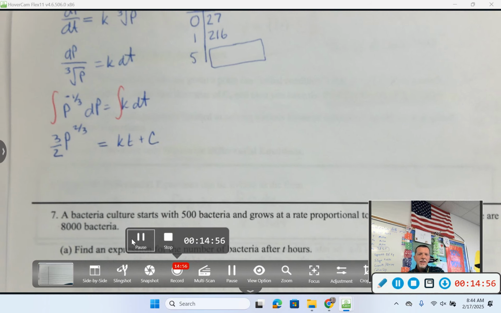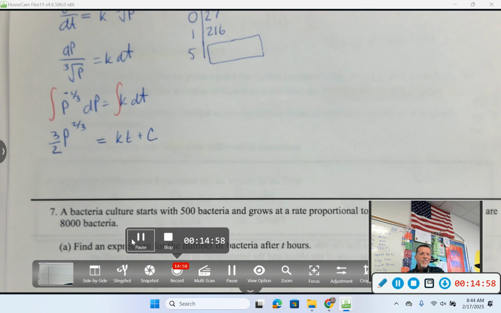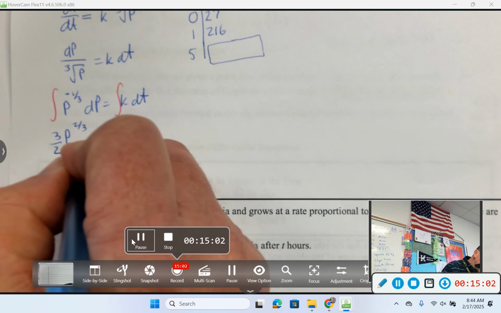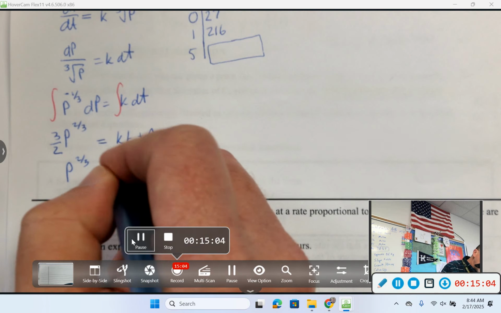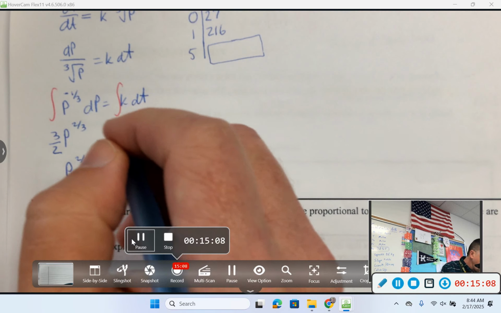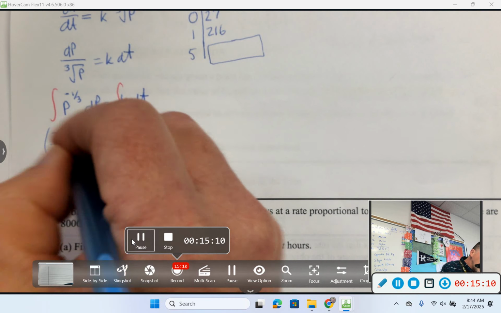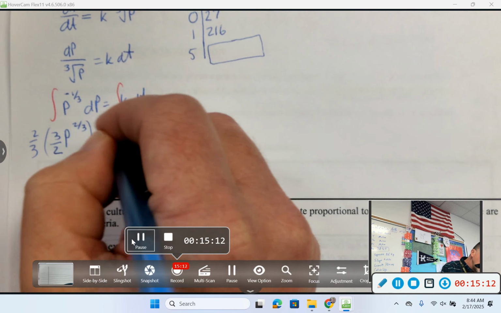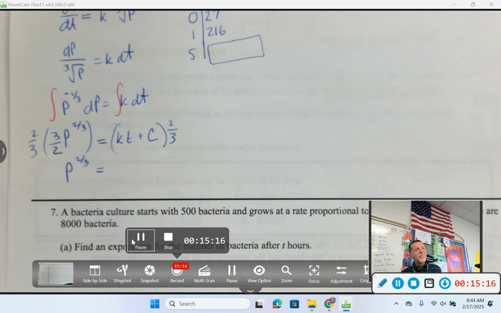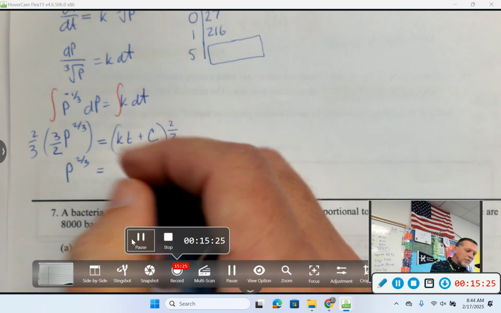I've got to find K and C. I think I need to solve for P though, so let's get P by itself. Let's see. So when I multiply by 2/3, this is one of those tricky things here. I haven't figured out what K and C are yet. So what's 2/3 times K times T?